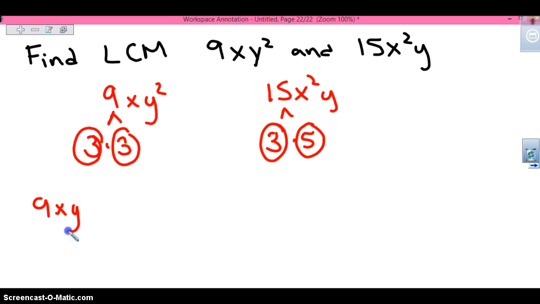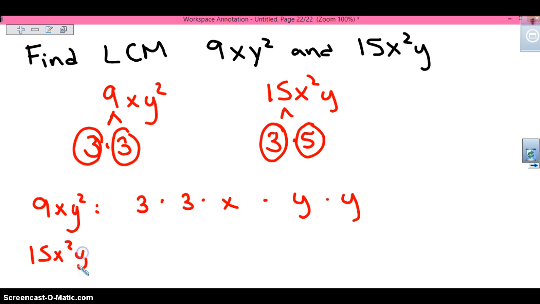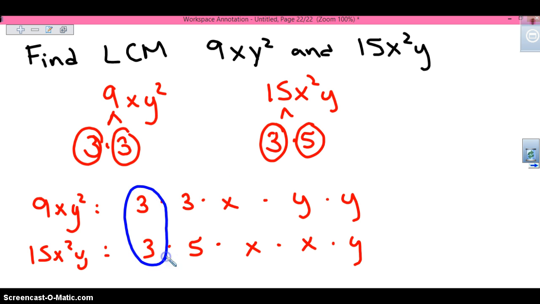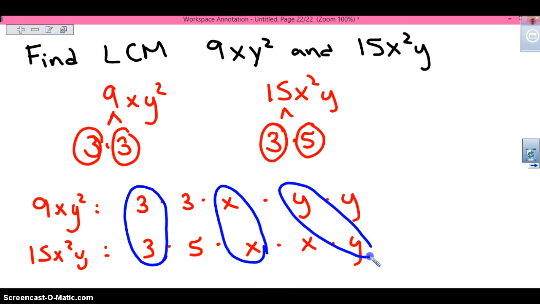So 9xy squared will be 3 times 3 times x times y times y. And then 15x squared y will be 3 times 5 times x times x times y. Next we're going to circle what they have in common. They have this 3 in common, this x in common, and this y in common. Everything else I'm going to circle in green.